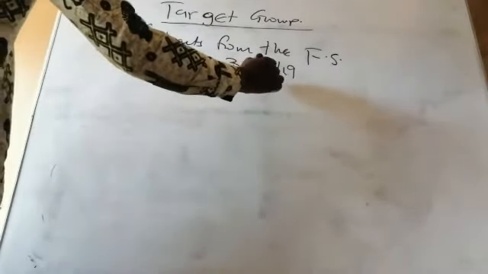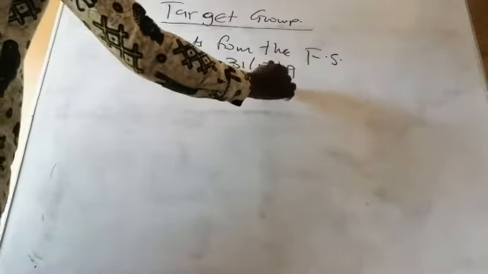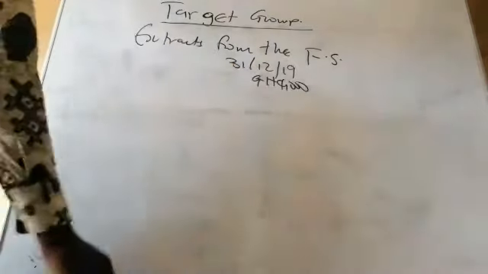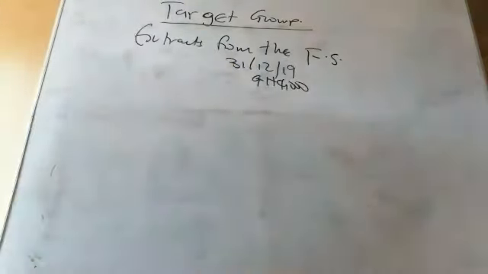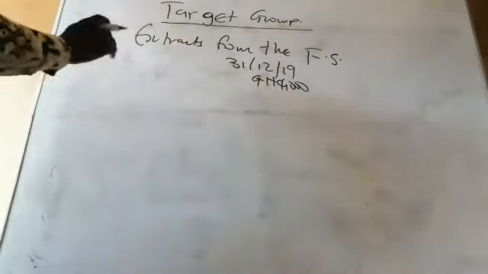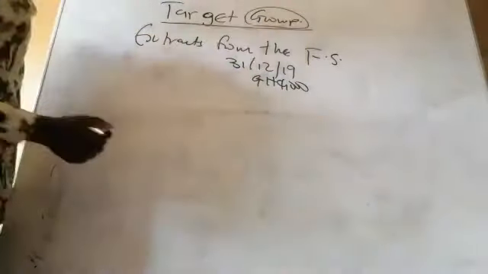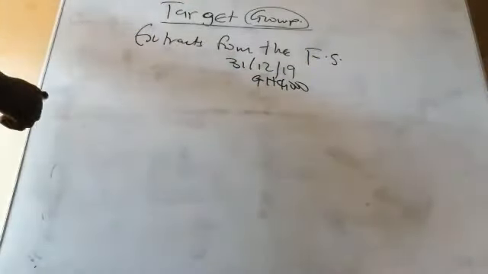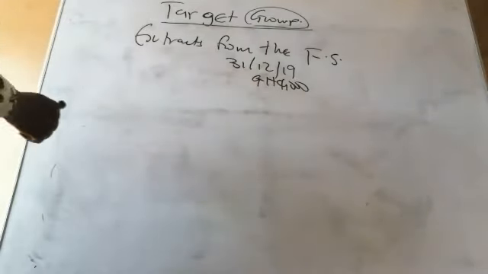We're reporting in thousands of Ghanaian cedis. When you see target group, that means group account, the consolidated statement of profit or loss.